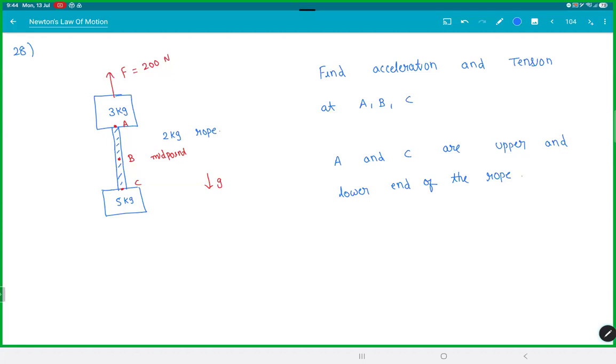Any answers? Okay, let's see. The acceleration part was the easy part.